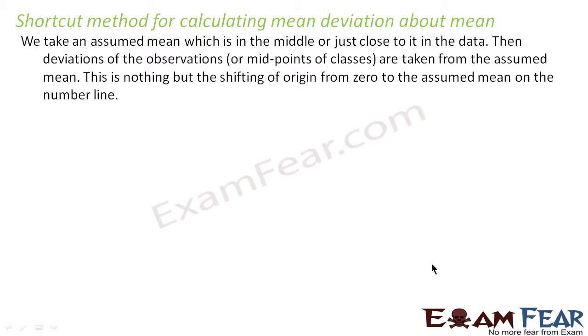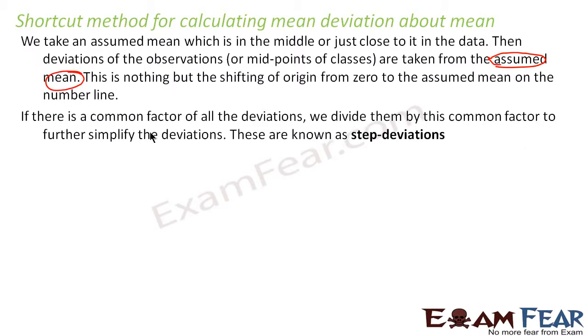So once we have the assumed mean, I'll write it here. Then, if we see that there's a common factor for all deviations, we divide them by the common factor to further simplify the deviations. This is called step deviation.